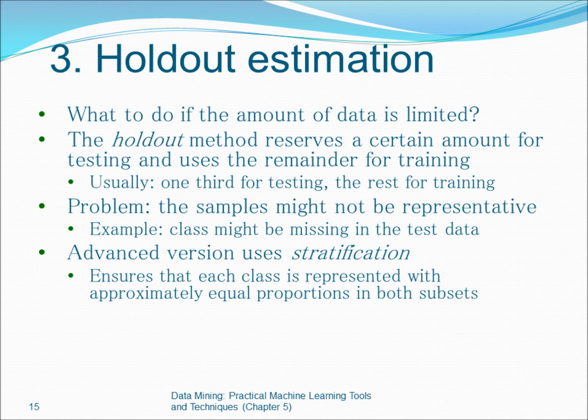So that word, stratification, is a very, very important word. That means when you are sampling, it's not just a completely random sample. You need some randomness, but you need to pay attention to those rare cases and make sure they are covered.